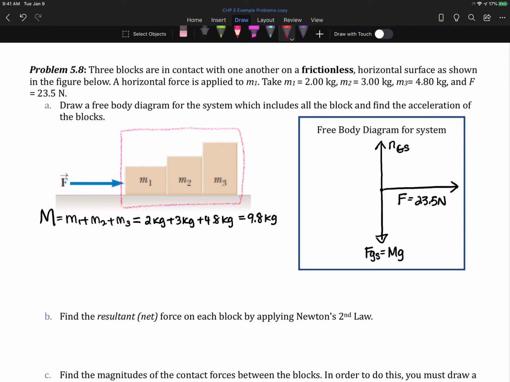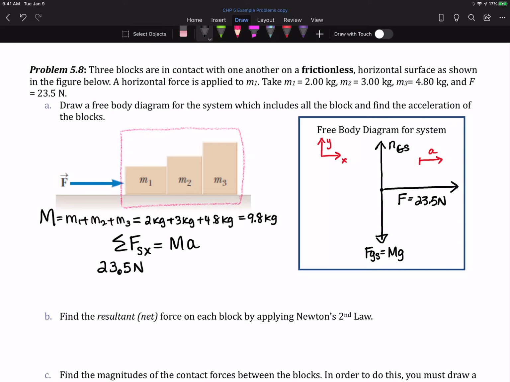So if I choose a coordinate system where my x direction is to the right and my y direction is upward, there's going to be an acceleration of this system to the right because there is a net force acting to the right. So if I do the sum of the forces on my system in the x direction equals the mass times the acceleration of my system, the only force I have acting is 23.5 newtons.